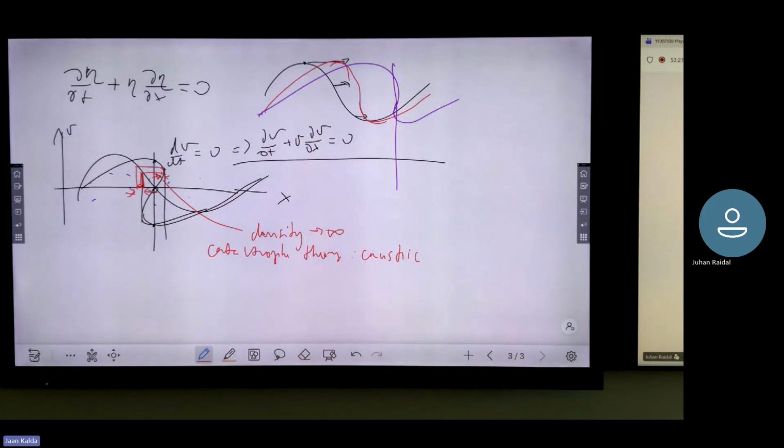Raise your hand if you think you have seen caustics. I don't understand what is caustic. Yeah. Let me, maybe I can find your video or something.